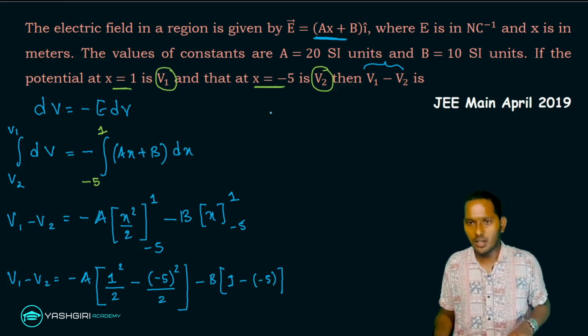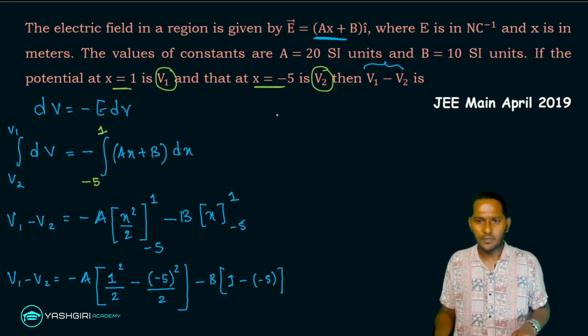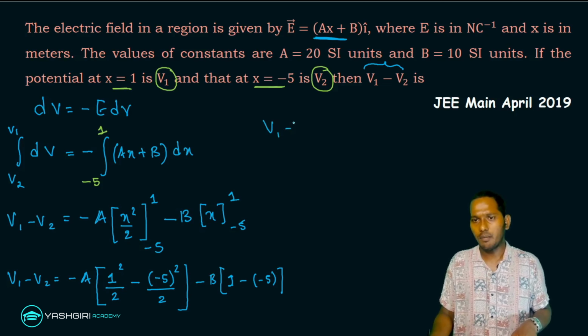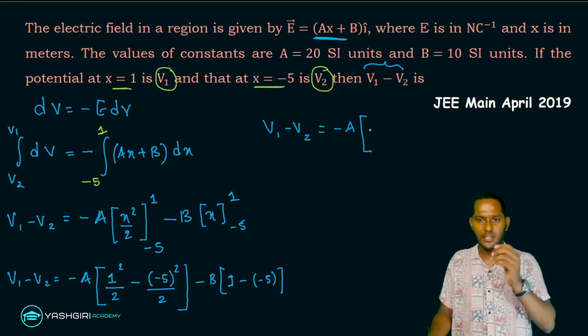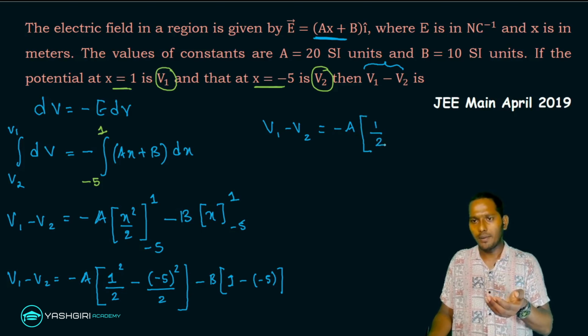Now just open it up. Let us see here, guys. If you just see V1 minus V2, I'll be getting V1 minus V2 equal to minus A, and inside the bracket, what I'll be having is 1 by 2.